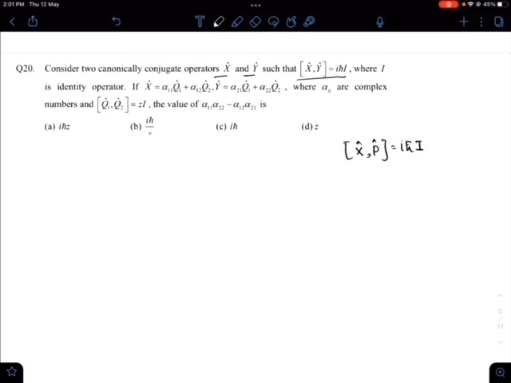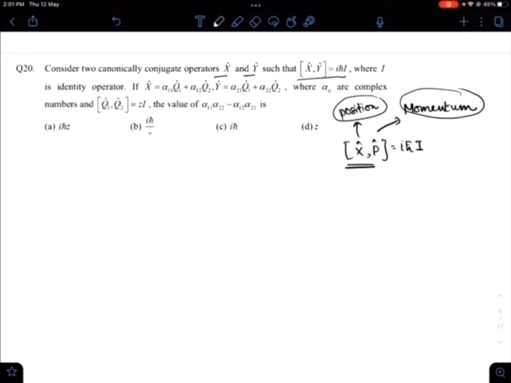What does this commutation relation signify? It signifies that the observables corresponding to these operators, this one being the position observable and this one the momentum observable, cannot be observed simultaneously.